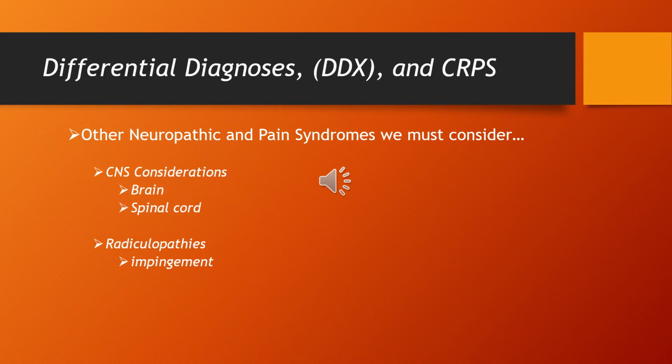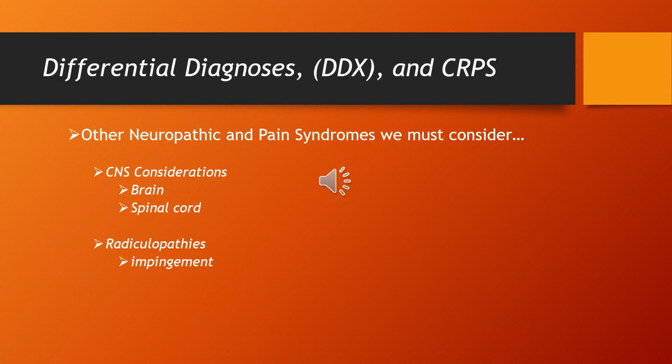Okay, additionally, we have some other considerations like the central nervous system. We need to talk about possibly something in the brain, for example, a stroke affecting one limb, neoplasms, encephalitis. The spinal cord, we can have situations that are a traumatic event to the spine, transverse myelitis, or even syringomyelia.